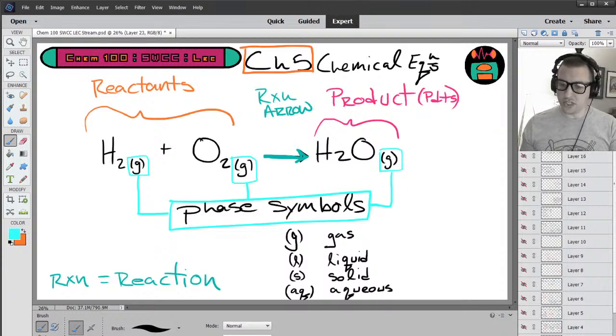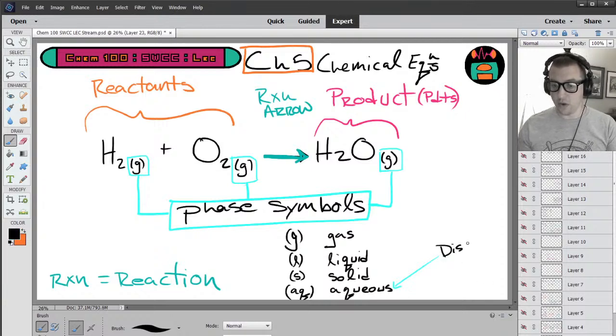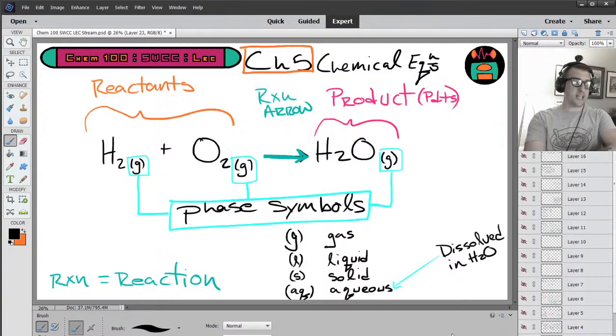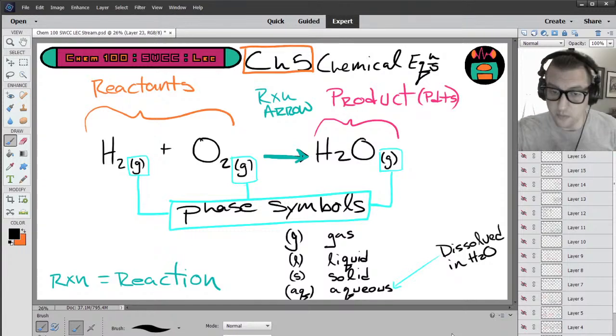All right, and just so you know, aqueous means dissolved in water. If something's in the aqueous phase, that just means that compound has been dissolved in water. All right, so that is the anatomy.